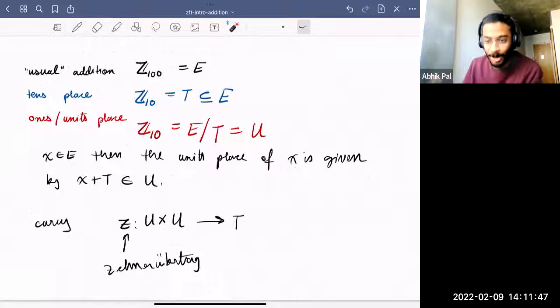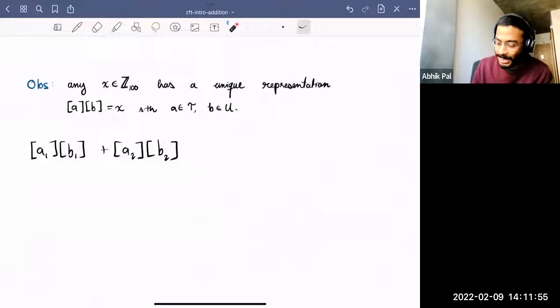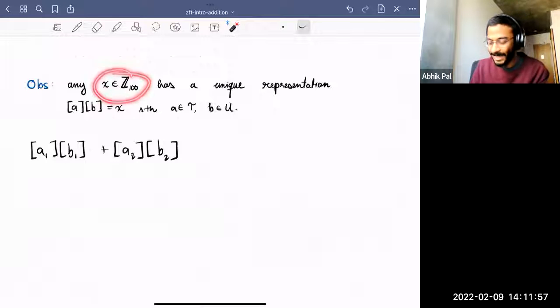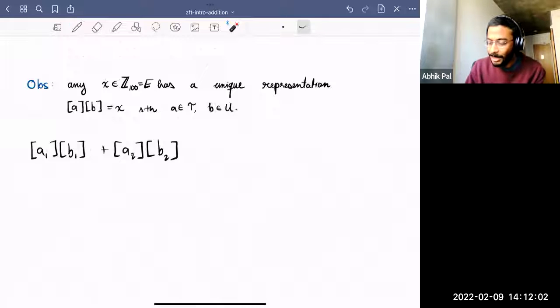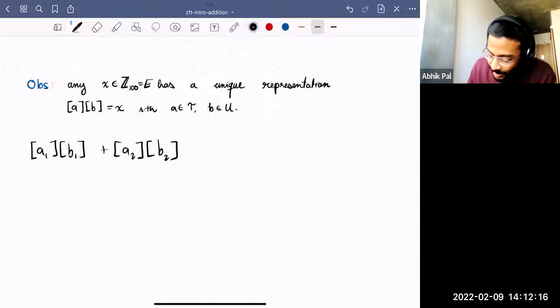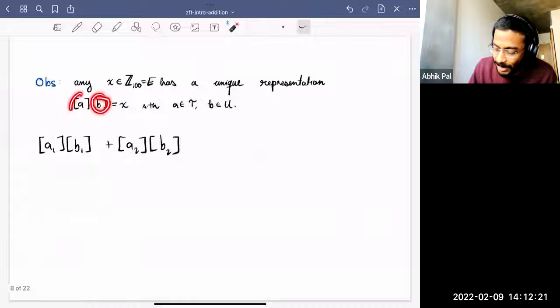And one thing that is very obvious to us, because we have been working with the usual number system for so long, but that I would want to explicitly write down as an observation, is that anything in my group Z mod 100, which I was calling E, has a unique representation in terms of the place value system. So if I have any number, I can write it as a ones digit and then a tens digit. And now I can define the addition operation in E using the additions that I have from my units and my tens.